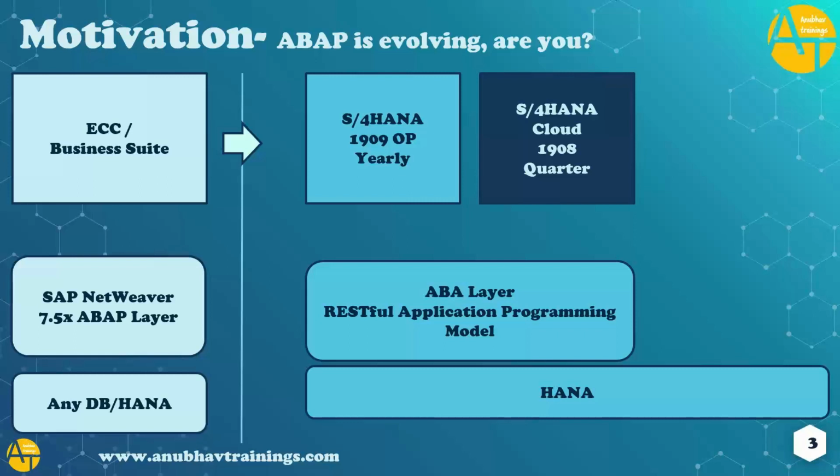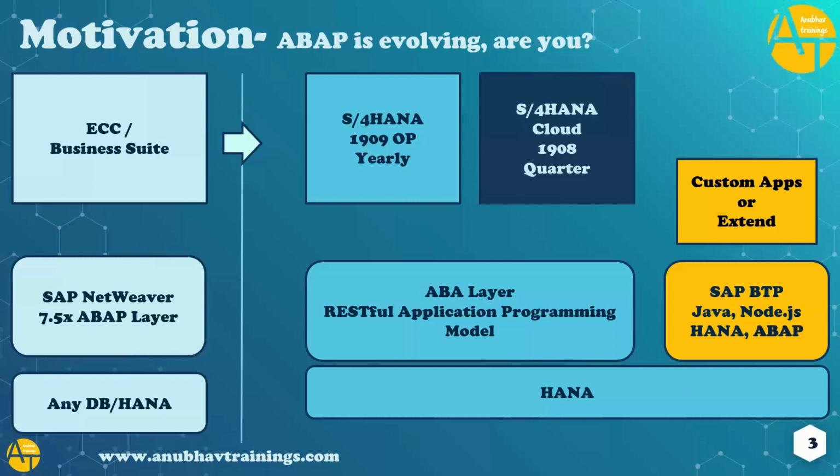Together with that, SAP released this ABAP layer in their technology platform called BTP. So nowadays, you can also run your ABAP layer alone on SAP Business Technology Platform, which is a platform as a service, where we can run and build ABAP solutions using the RAP programming model in the cloud.